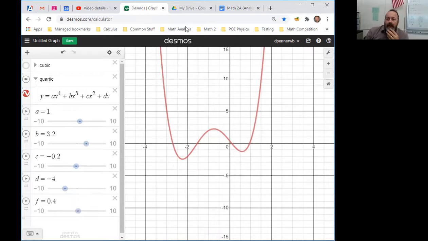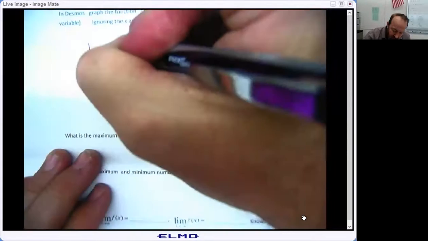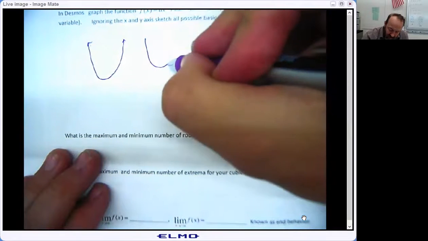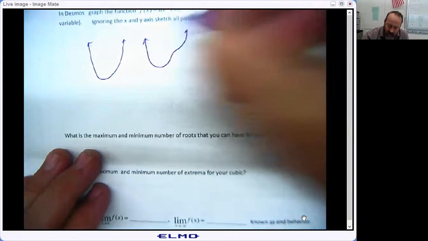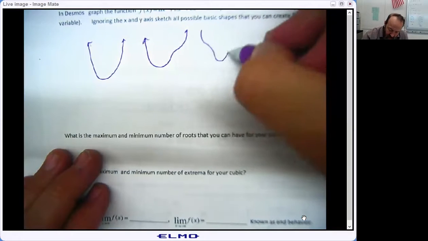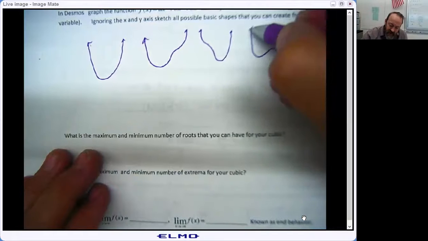And so it appears that I have a variety of things that I could create out of that one. One of those shapes would just be something that looks like a bad looking parabola. Sometimes we have a pronounced little wiggle in the curve. And then other cases where you have something that looks like a W.